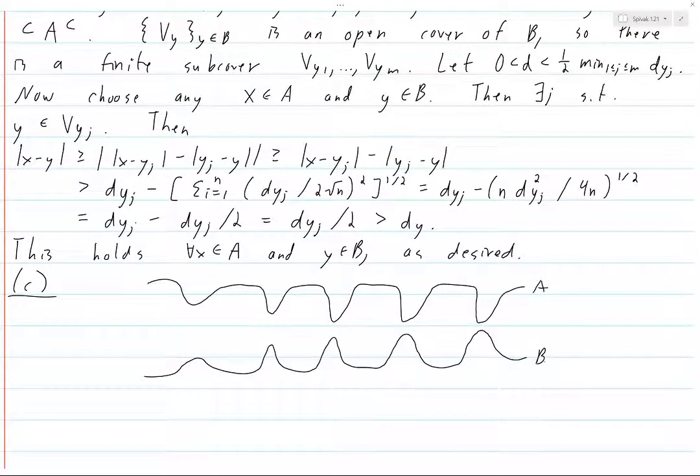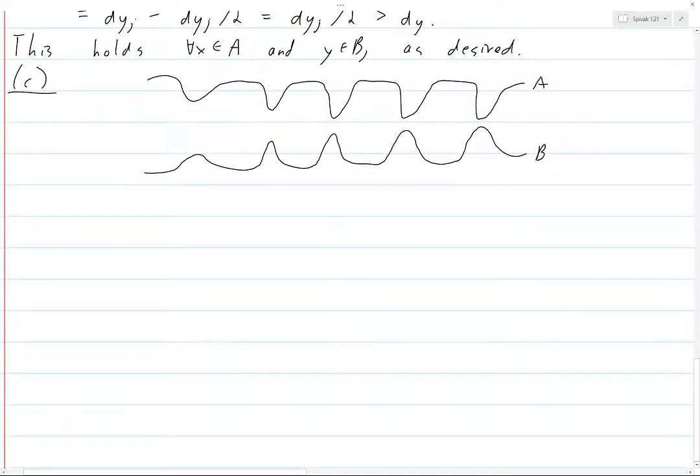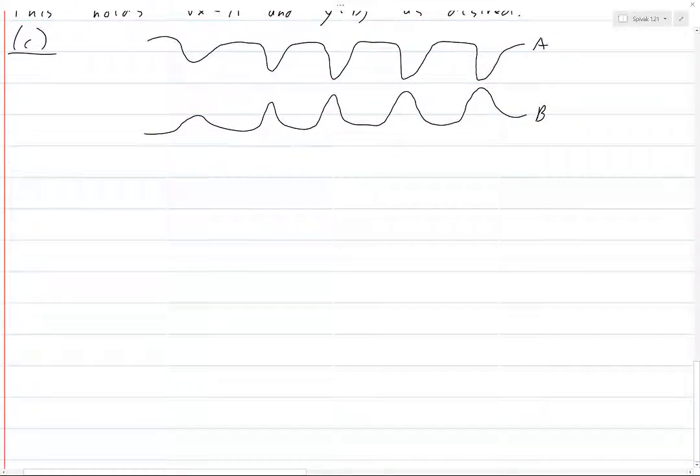So that there is no number such that their distance will always be greater than it. Let's think about this and see if I can come up with something on the fly. So I'm thinking sine waves here. If we've got a sine wave here, then what we want is something that goes like this.